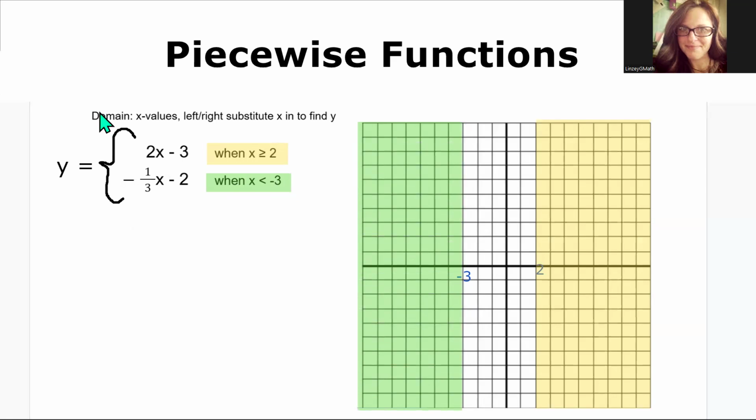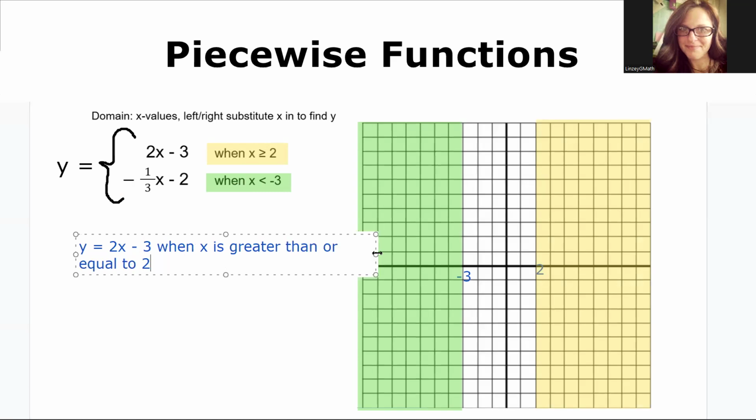All right. Let's take a look at the first piece. Y equals 2x minus 3 when x is greater than or equal to 2.